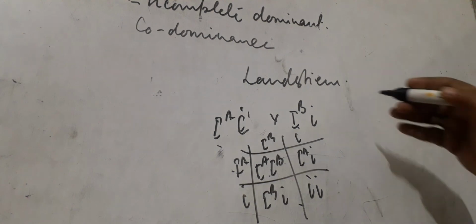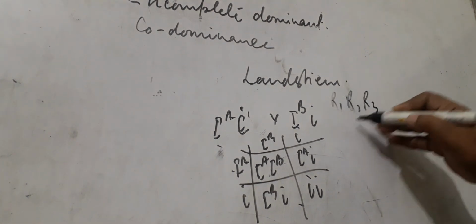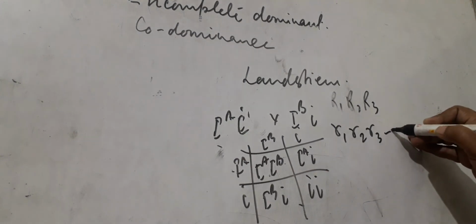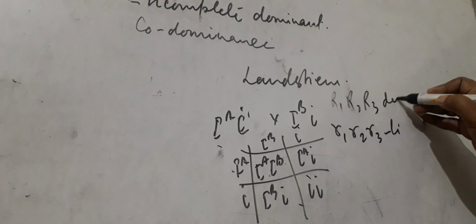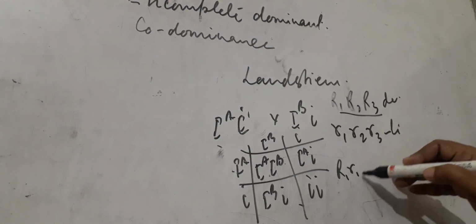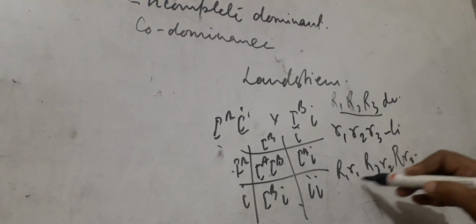For example, if we say that three shades are for dark and three are for light, then if any person has this combination, it will be of intermediate color.